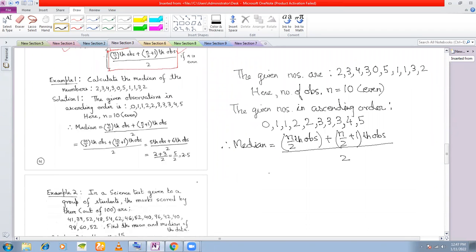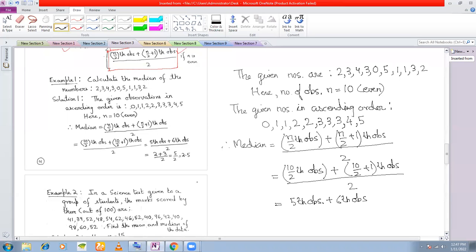Now n here is 10. So put n is equal to 10. That means 10 by 2th observation plus 10 by 2 plus 1th observation, divided by 2, which is equal to, 10 by 2 is 5. So 5th observation plus 10 by 2 plus 1 means 6th observation, right? 5 plus 1.